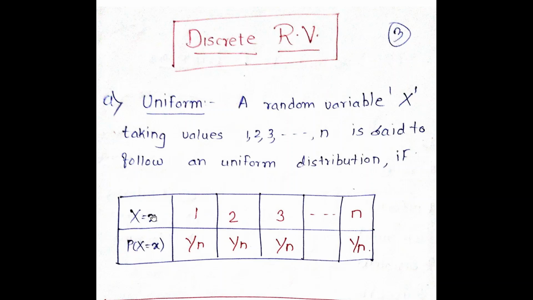So you have the values of x from 1 to n, and each value of x takes a uniform probability, that is 1 by n. For x equal to 1, the probability is 1 by n; x equal to 2, probability is 1 by n; x equal to 3, probability is 1 by n; similarly x equal to n, probability is 1 by n. This is the uniform discrete distribution.